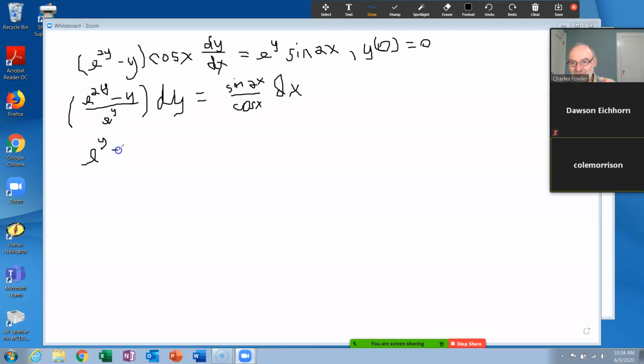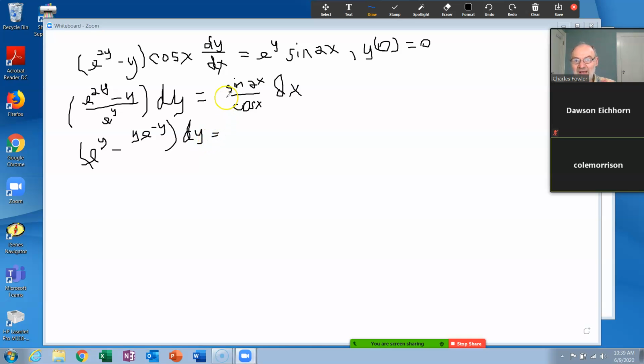But here we still have the minus y. Actually, I'm going to write that a slightly different way: minus y e to the minus y. Can I write it like this? And this is times the dy. I think we simplified that a little bit.